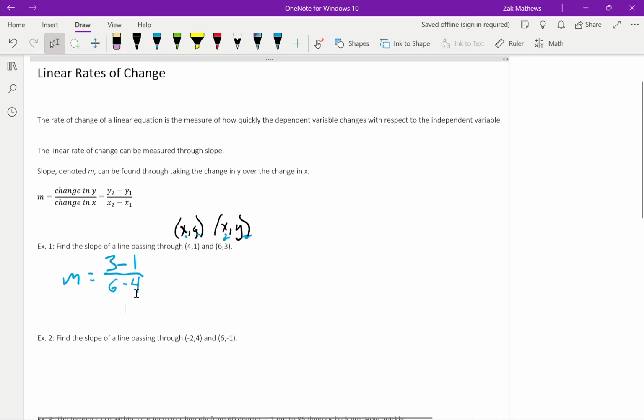And that's how I got my numbers. When I subtract 3 and 1, I get 2. 6 minus 4 is 2, and 2 over 2 is equal to 1. So that would be our slope.